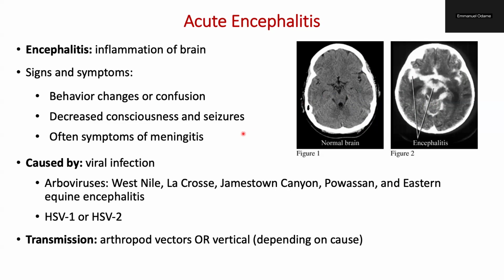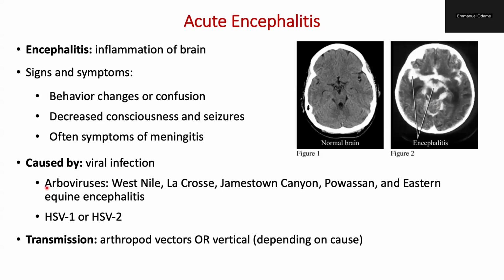And then you have some symptoms of meningitis, as we talked about earlier on, because you have headache, and changes in how you feel in your meninges. It's caused by viral infections, and these are some of the known viruses.